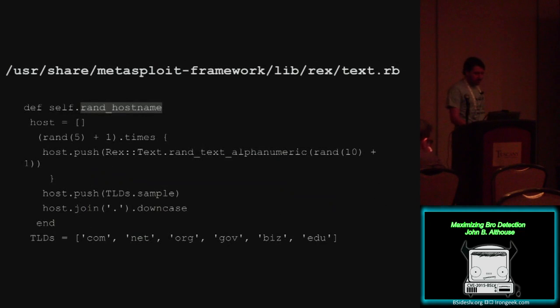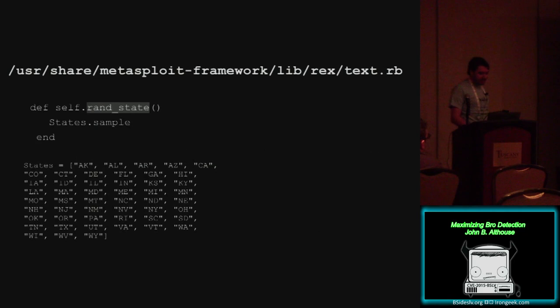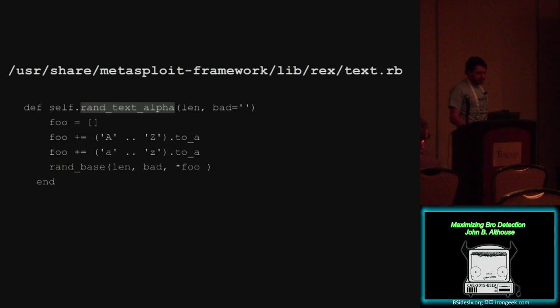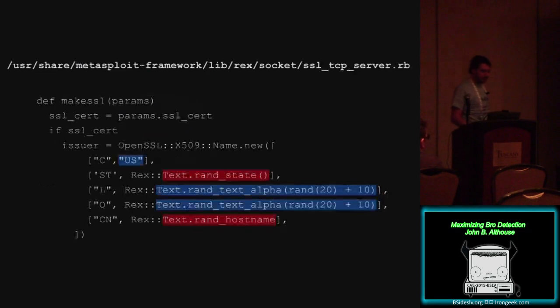So the random host name is just some random text with com, net, or gov, biz, edu at the end of it. The state is all 50 states. The random text alpha is just saying uppercase characters and lowercase characters. And that's your pool for random mixed text alpha.